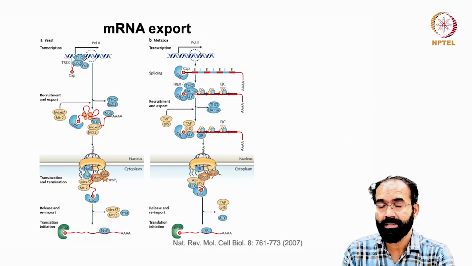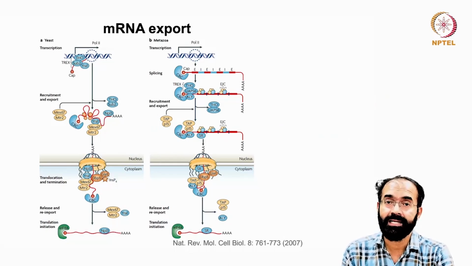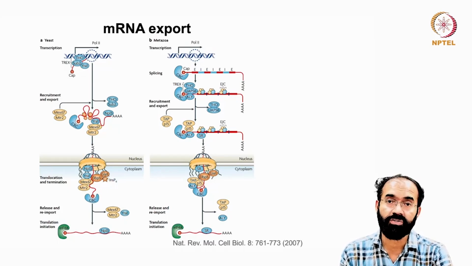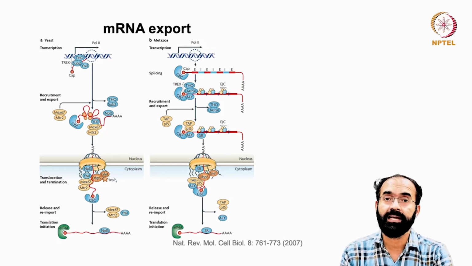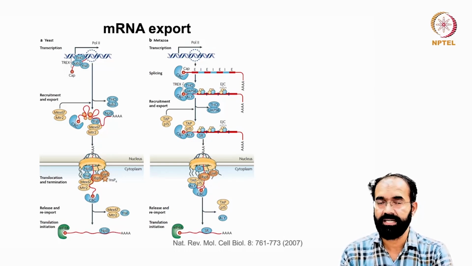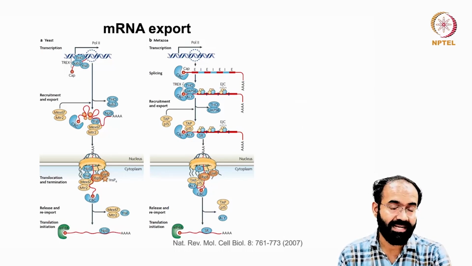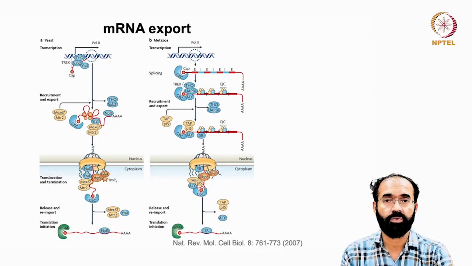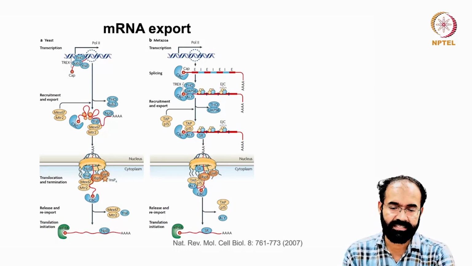Keep this in mind because they become handy in nonsense mediated decay, or RNA decay. For the time being, remember that the exon junction complex contains proteins that stay bound onto the RNA until the first translation is completed. After the first round of translation, they will be lost, and that is why a premature stop codon has to be sensed and detected.